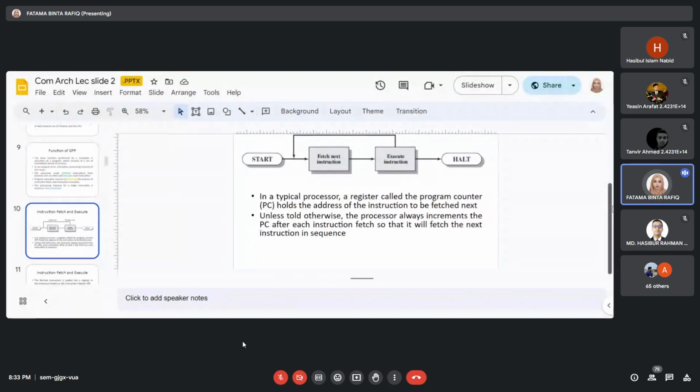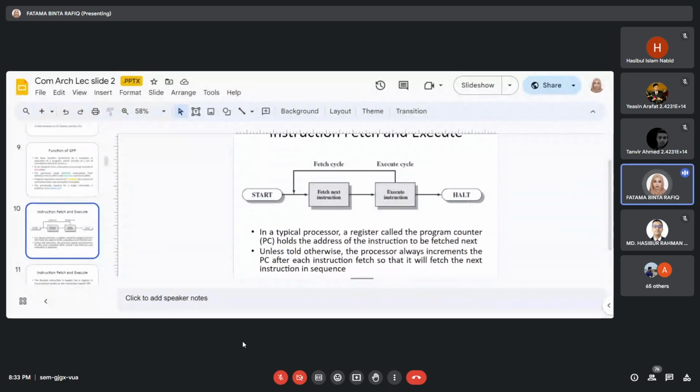So in this diagram you can see that when the program is started, it will fetch the next instruction, after that execute that instruction, and then execute the cycle and fetch the cycle. This process will be done continuously, and if there is no program or process to run next, then it will halt, that means it will stop.